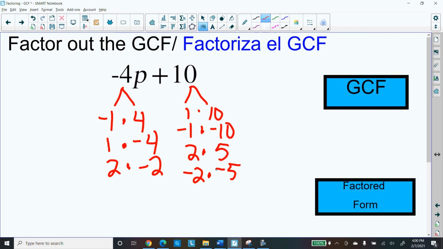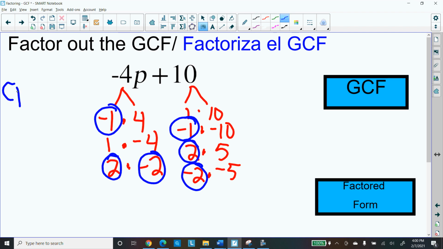All right, so what do they have in common? Let's start circling those things. So they have a -1 in common, but we don't want to deal with the ones because that's just going to give us an identity element. What else do they have in common? I see they have a 2 in common. Hey, they also have a -2 in common.